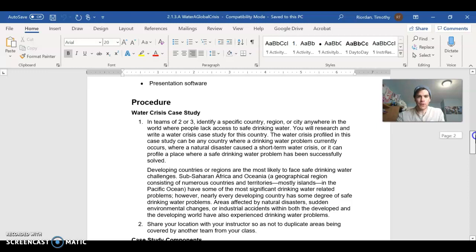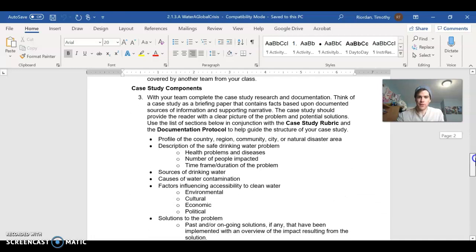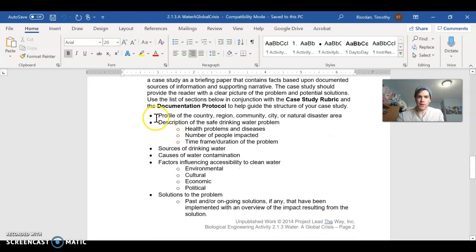So, it talks about selecting a region, doing some research, and then it walks you through some of the major requirements. What is that country like? What is going on there? What are the health problems and diseases there? What is the number of people impacted? Where do they get their drinking water? What is the cause of the contamination or the crisis or the lack of water?